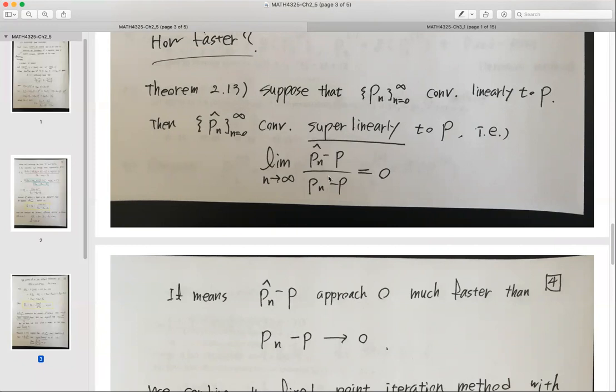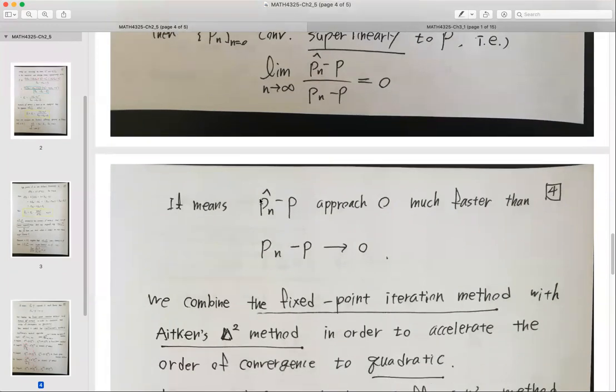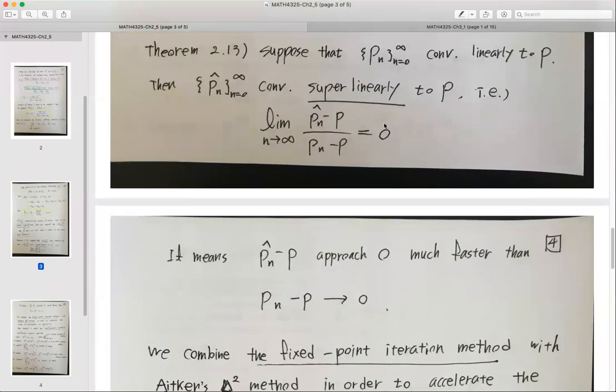In order for this fraction to approach 0, while both sequences approach p, the numerator must approach 0 much faster than the denominator. So it means that p n hat minus p approaches 0 much faster than p n minus p approaches 0. Okay, so that's the meaning of that limit.